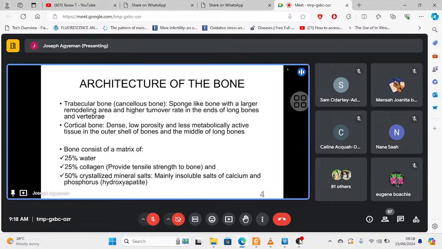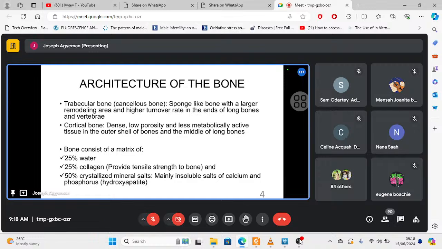That is where you have higher turnover or bone remodeling. Turnover is very high there. There is more growth. But when you talk about the cortical bone, at that place you have an excessive amount of calcium and phosphorus, and this confers hardness to the bone.